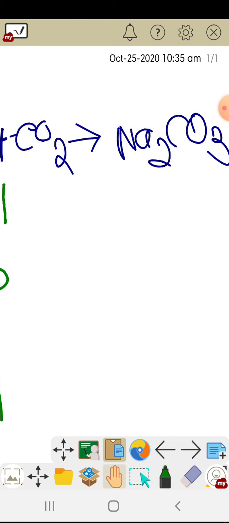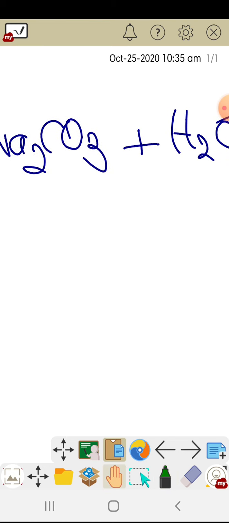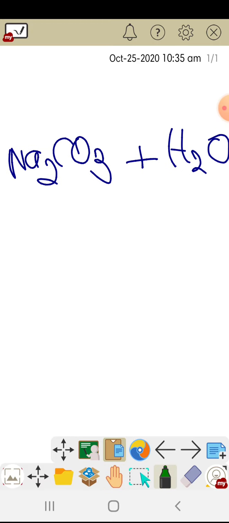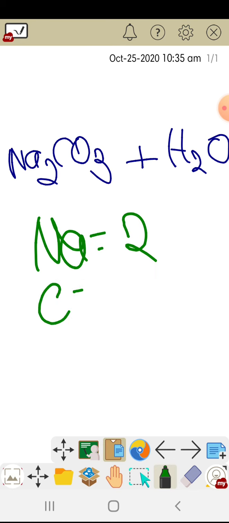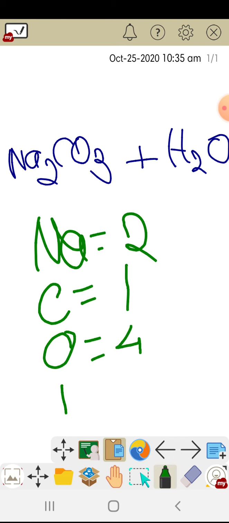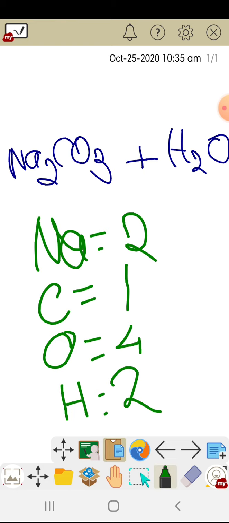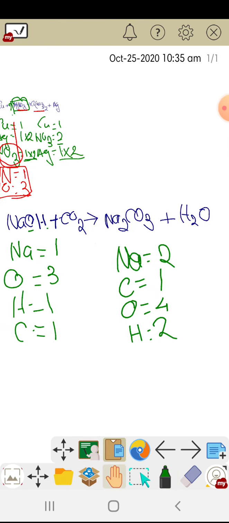Now moving on to the right hand side, Na2CO3 plus H2O. Na is 2, C is 1, O is 4, H is 2. Very sorry. Yes. Right. Now compare this.